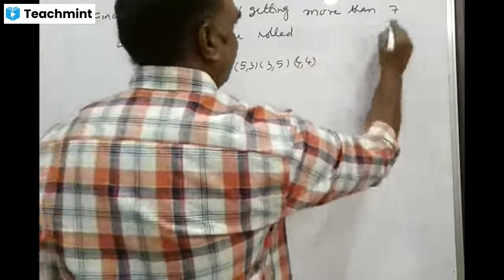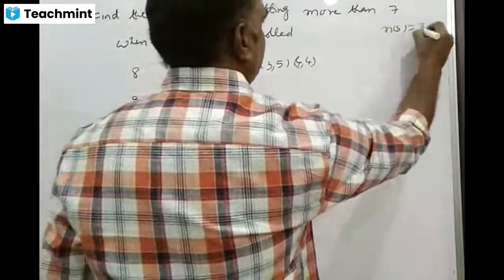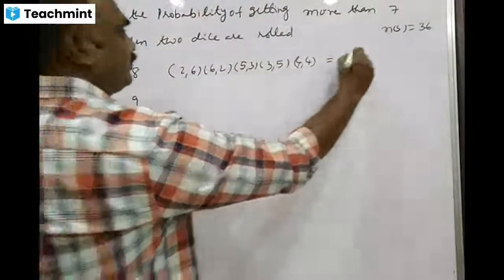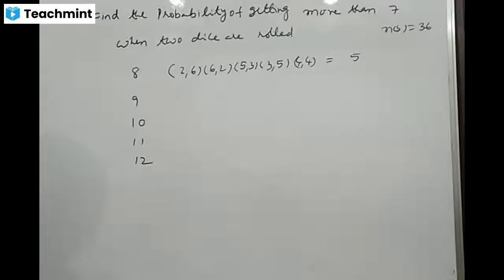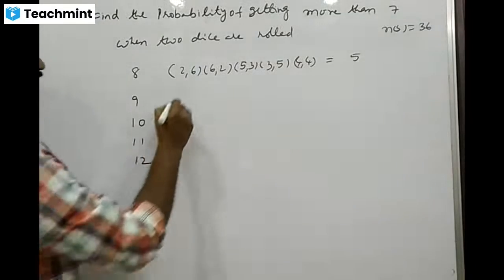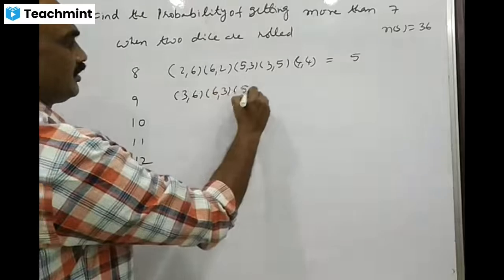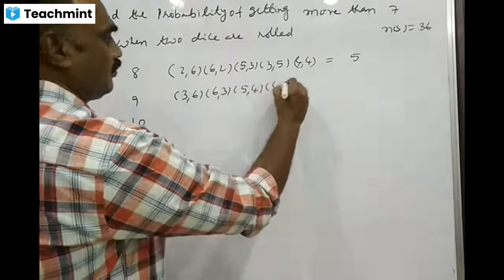So that is 5 outcomes. Next, sum 9: 3 and 6, 6 and 3, 5 and 4, 4 and 5.